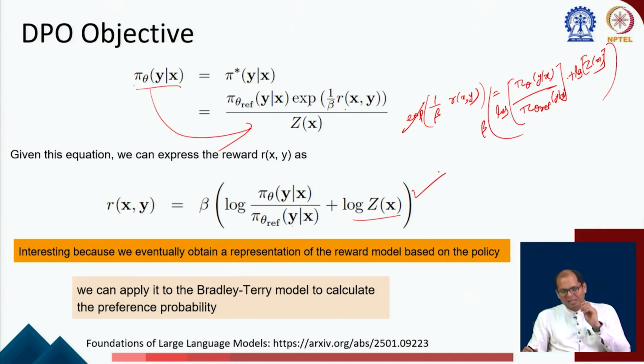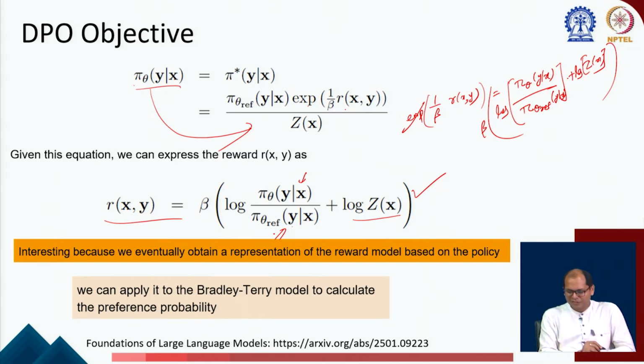Now, this is very interesting. By solving that objective, we got a reward model. So, this is the analytic form of the reward model in terms of my policy parameters and the ref model from which I am starting, plus some normalization that we still want to get rid of.